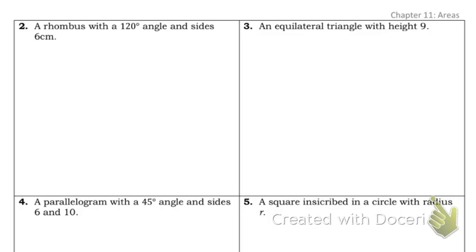All right. A rhombus with an angle of 120 and sides of 6. So it is a rhombus where all of our sides are 6.